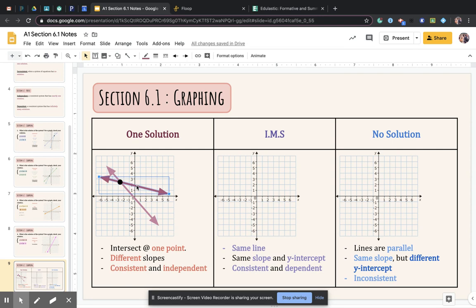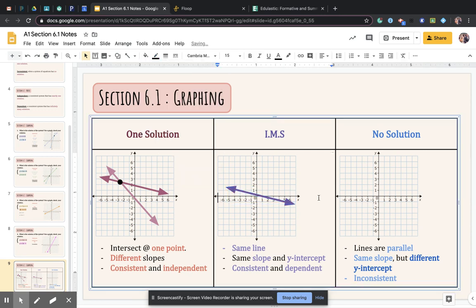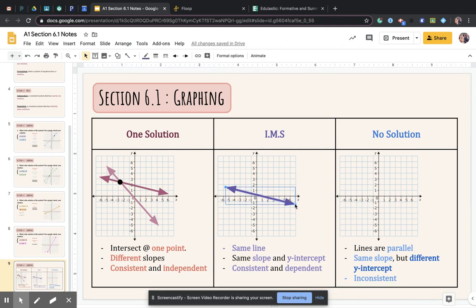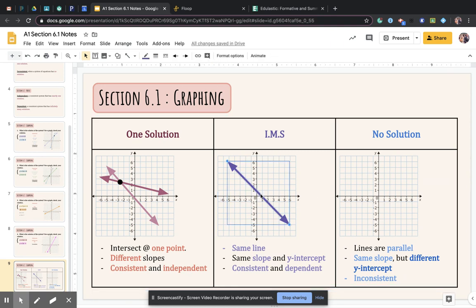Infinitely many solutions is when we have our line, and what ends up happening is that they end up forming the same line. So they have the same slope, same y-intercept, and they are consistent and dependent. Let's make it a different line from the other two. Okay? And then the last one is no solution.